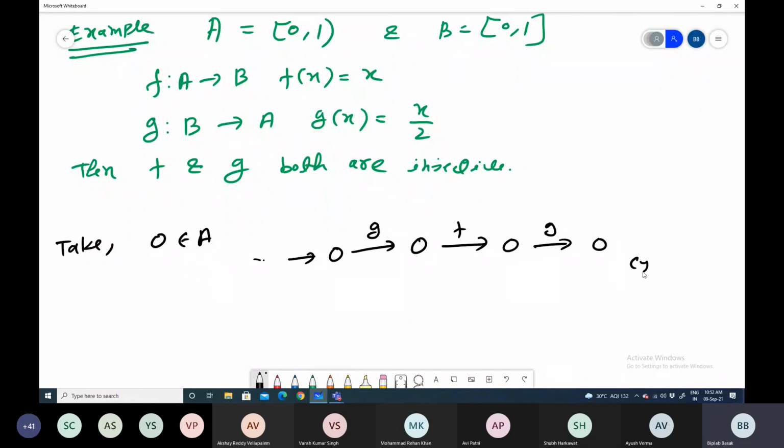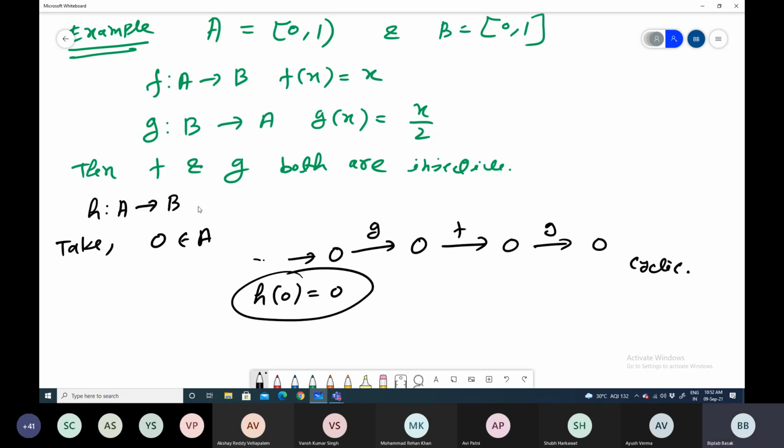So this is cyclic. Now since this is cyclic, we can choose H either f or g, any. So now take H of 0 equal to 0. So we need to construct H, a map from A to B, which is bijective.